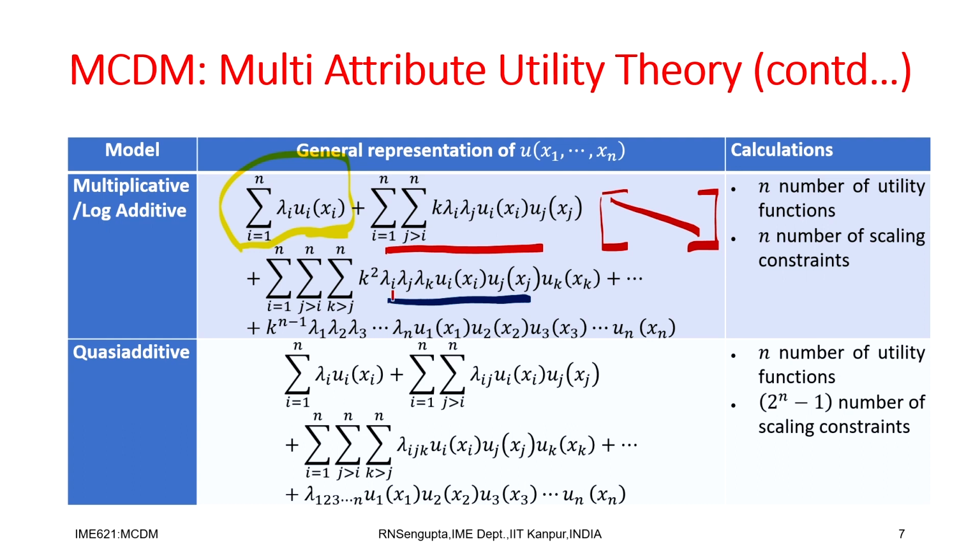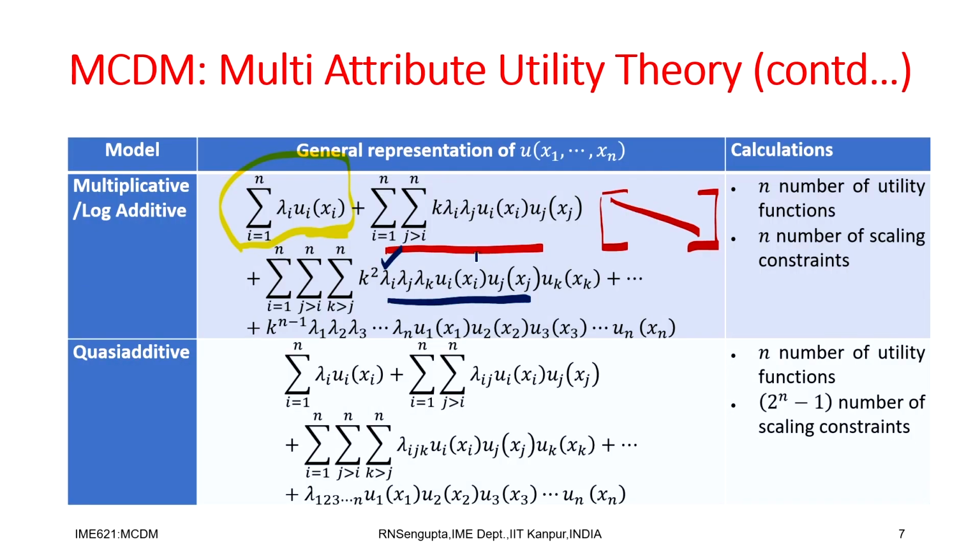The corresponding part is very simple to understand: you take lambda i into ui as the first, where ui is the first utility and lambda i is the corresponding factor to be multiplied, then uj multiplied by lambda j, and uk multiplied by lambda k, which I mark in different colors.